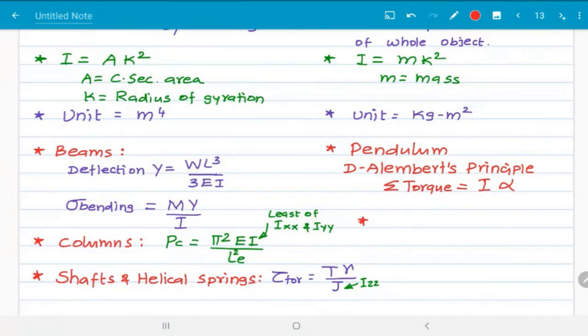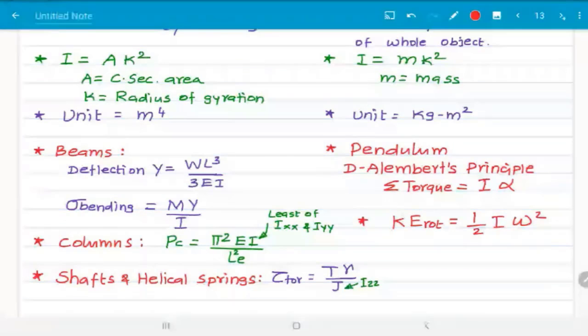Then for flywheel, what is the flywheel kinetic energy? Kinetic energy, which is rotational kinetic energy, is equal to half I omega square. Half I omega square. Rotational kinetic energy is equal to half I omega square.